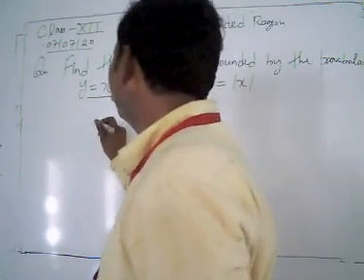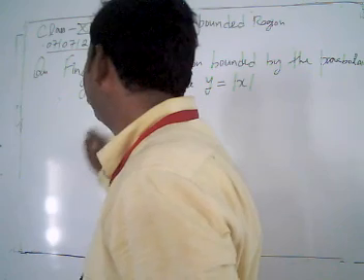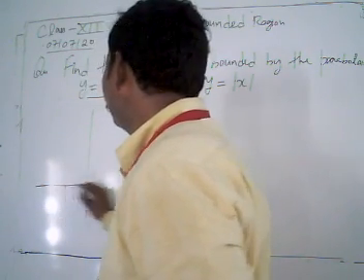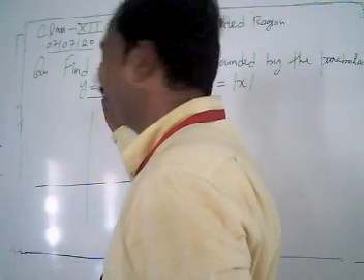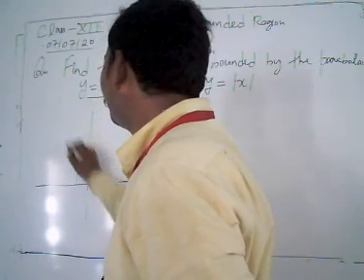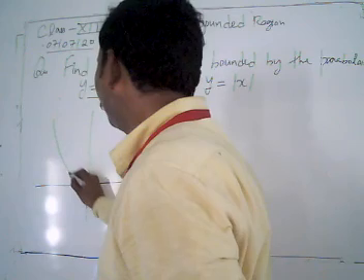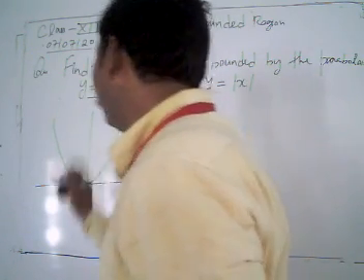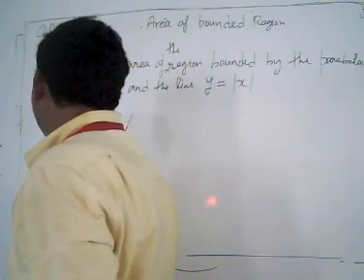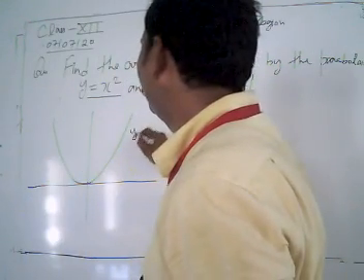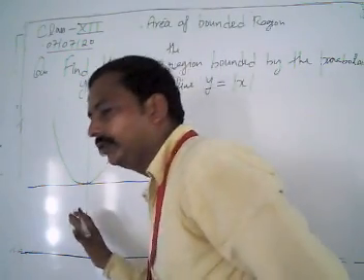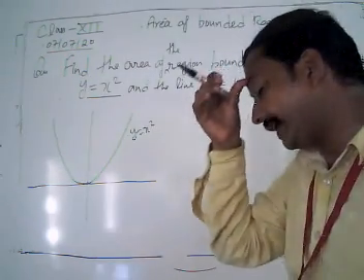So first we draw the parabola, symmetric about the y axis, having vertex at (0, 0). This is our parabola y equal to x square, opening upward and symmetric about the y axis.